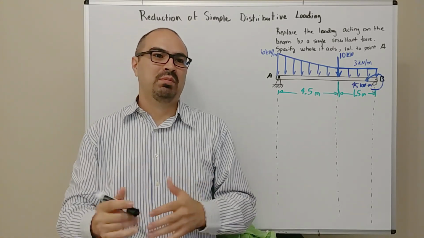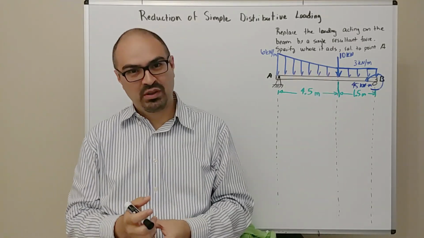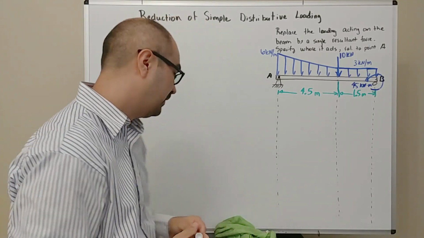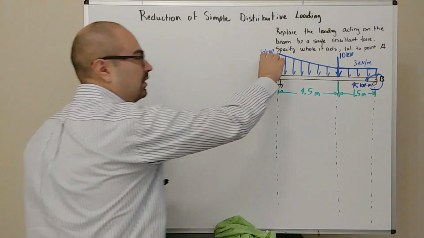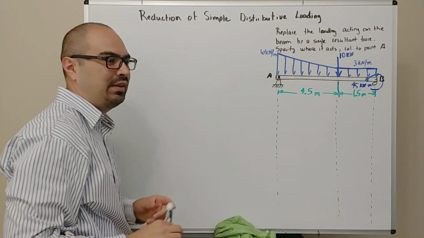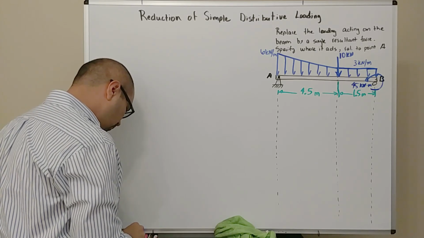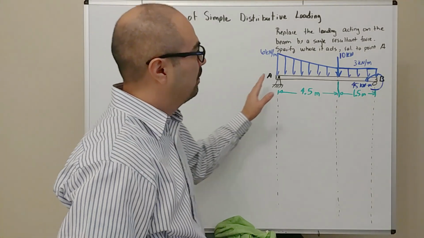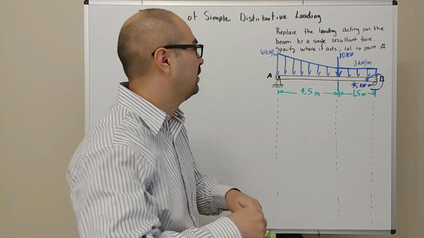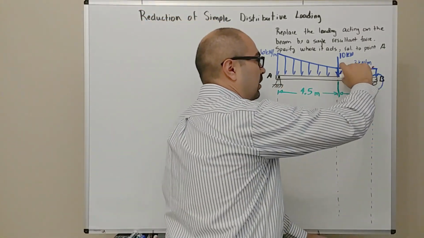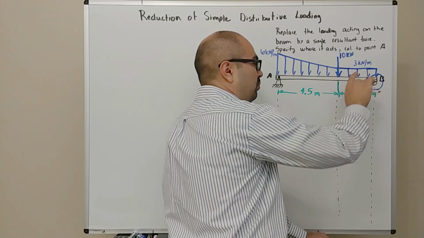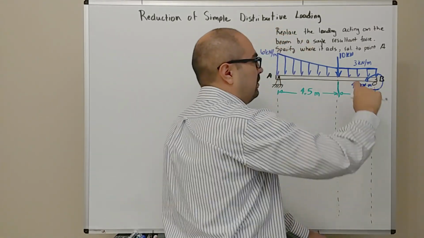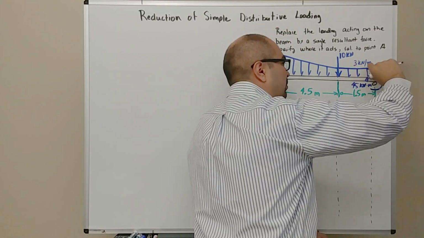Now, do you remember when we're dealing with distributed loading, what is the first step? Correct. The first step is going to be to divide this distributed loading into simple shapes. So in this example, I can think of dividing this like this. From the 10 kilonewton point, or 4.5 meters away from point A and onward in that direction, we have a constant distributed load, right?